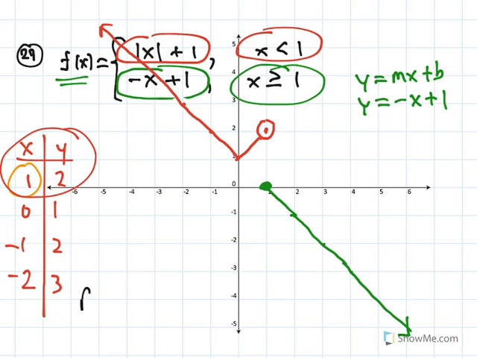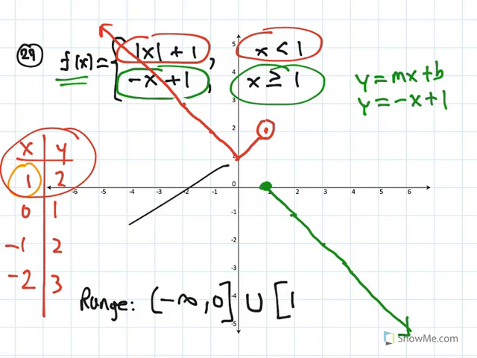The y values are from negative infinity all the way to 0, including 0, and then from positive 1, which you see here for y, all the way to infinity because of the left side of the red branch of the graph. So that's the range.